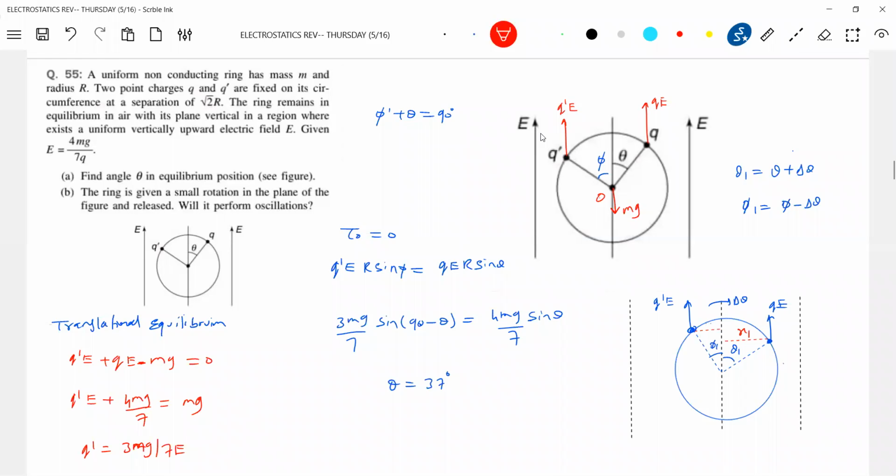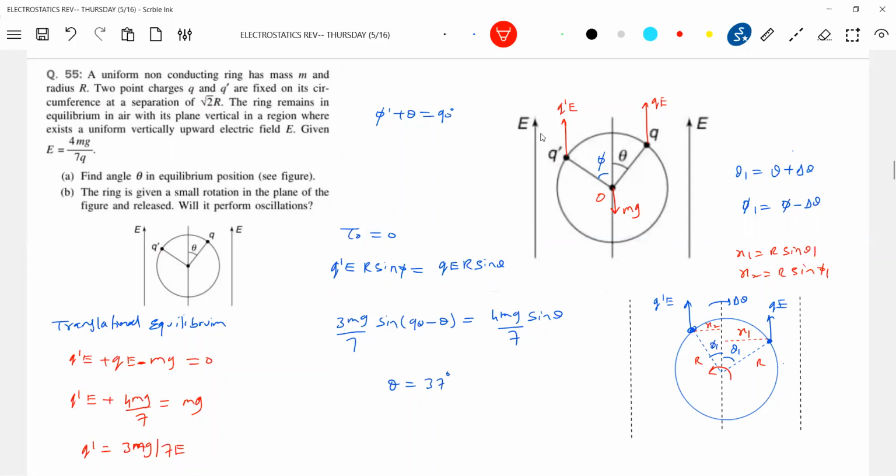Call this x1, this x2. x1 will be r sine theta 1. x2 will be r sine phi 1. And theta 1 is how much? Theta plus delta theta. So what do you expect as theta increases? x1 also will increase. So which torque will be more?